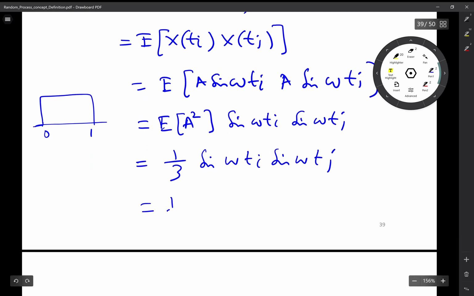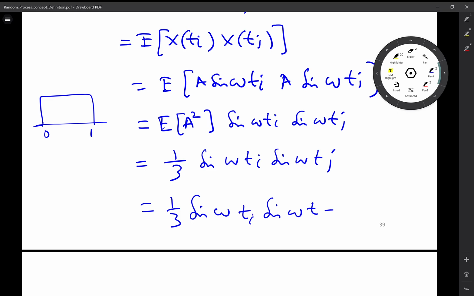We can easily write 1 by 3 sine omega t sine omega (t plus lambda). Okay.